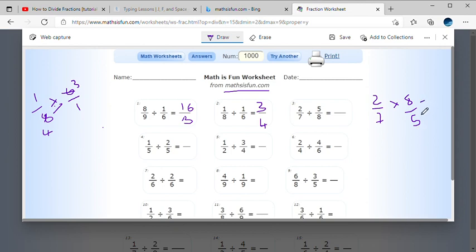We cannot simplify, so we just cross multiply: 8 times 2 is 16, and 7 times 5 is 35. So your answer is 16 over 35.